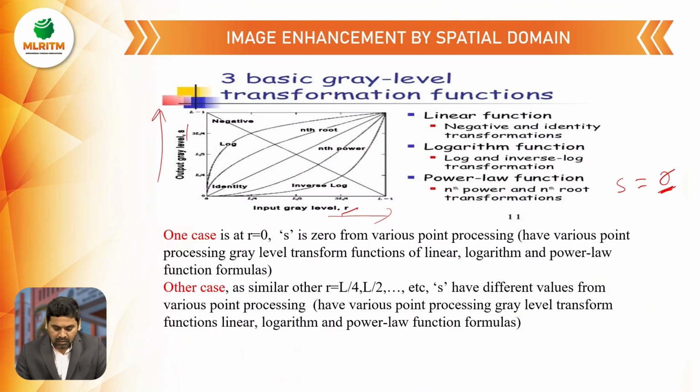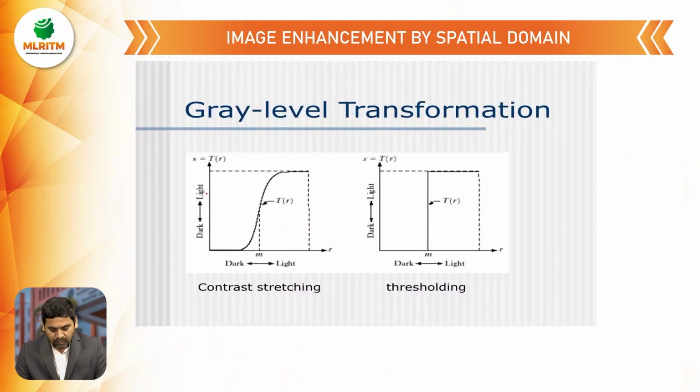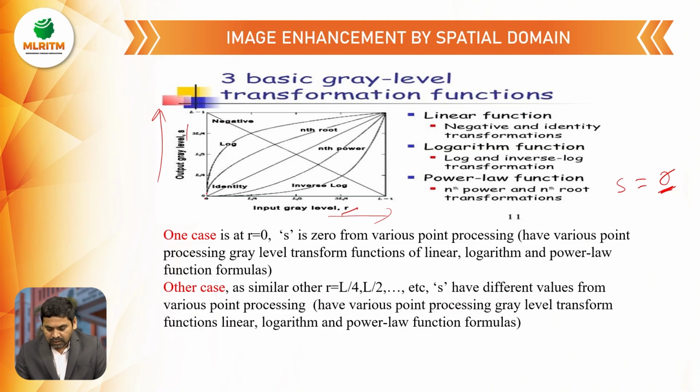So here in the graph you observe that when the R value is 0, the output is also 0 for these three functions: linear, logarithmic and power law. So when R equals 0, S equals 0 in all three functions. For example, in the linear function, when R equals 0, S equals 0.